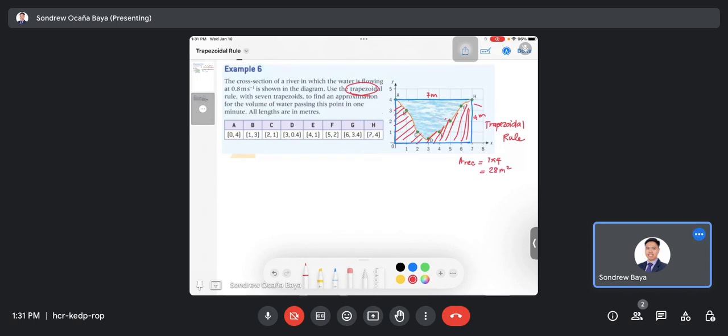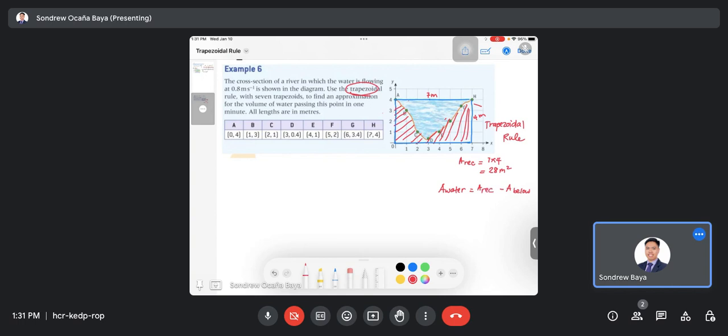Now, part of this rectangle is the water. Now, is there a way for us to find the area of the water? Yes, there is. Because all we need to do to find the area of the water, which is what we're focusing on, we just have to remove the area below the curve, the red one, the one that we've shaded red, from the area of the rectangle.